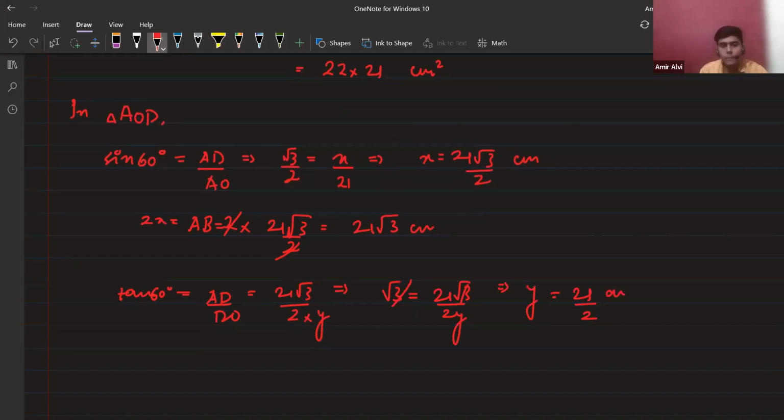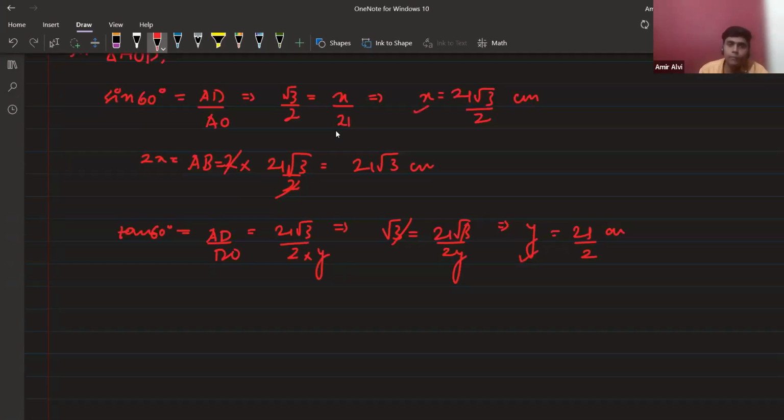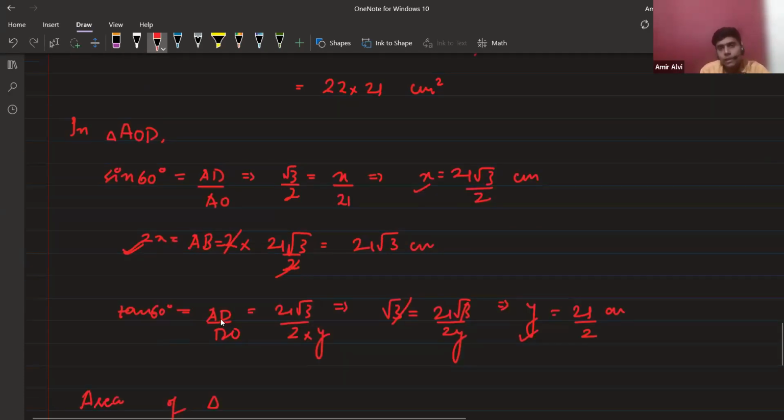Yes or no, everybody? Clear? Okay, that's great. Now we have the value of height as well. This is y, the height, and this is the base, which is basically this 2x. So area of triangle, what is the name of this triangle?